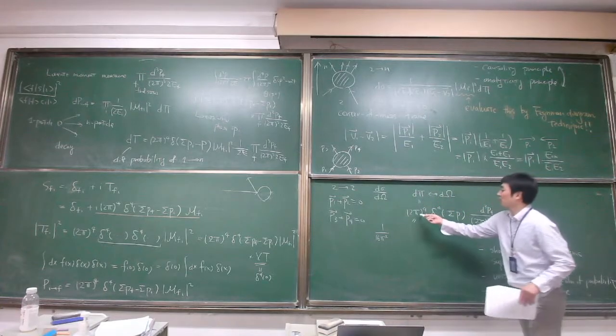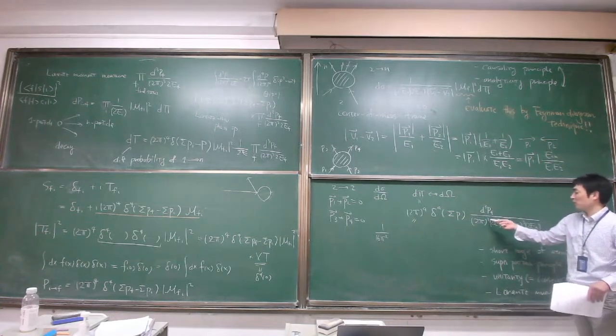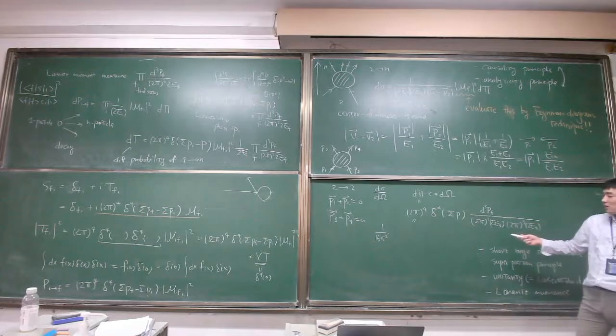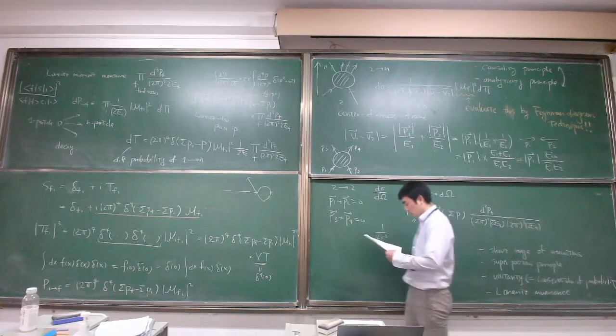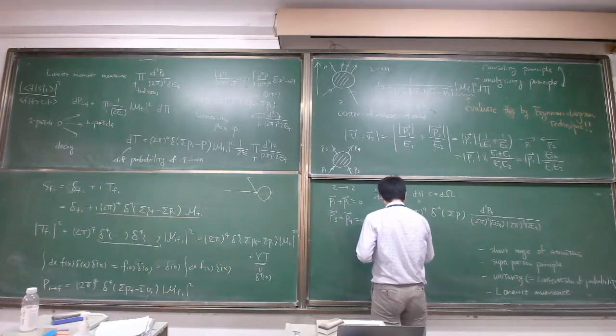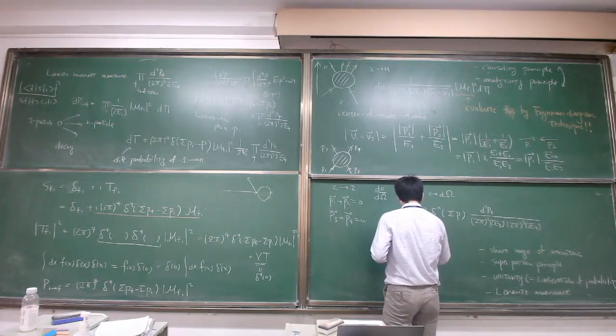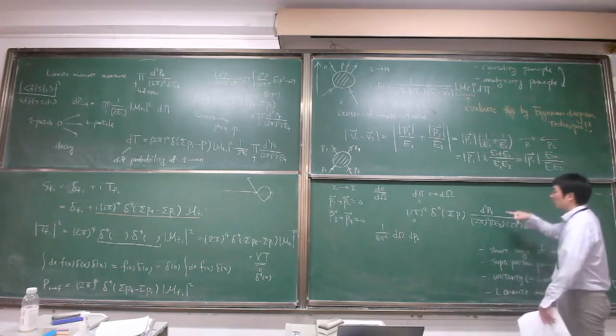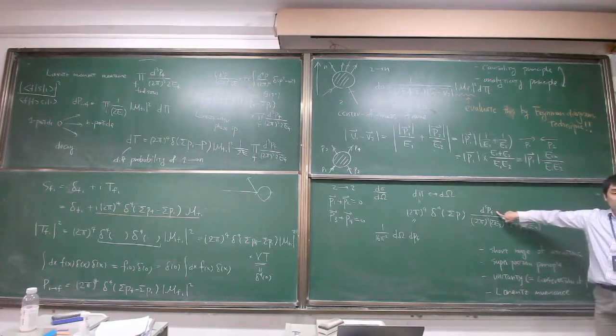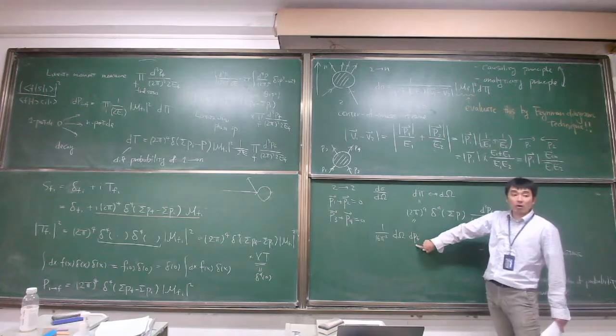So here (2π)^4, and you have a (2π)³ and (2π)³, and 2 here and 2 here, so what's left is 16 times π², and the dΩ and dp_f. So here dp_f is the radial direction. This is the Cartesian coordinate, and this is the spherical coordinate.